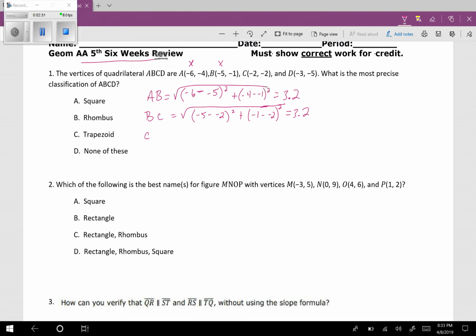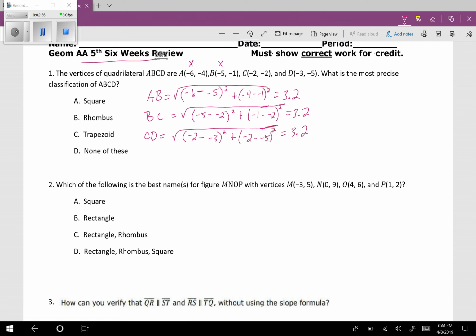Then we got to do CD. Okay, so our x's, it's going to be -2 minus -3, square that. And then the y's, so -2 minus -5, and square that. And again, you'll get the square root of 10, which is 3.2.